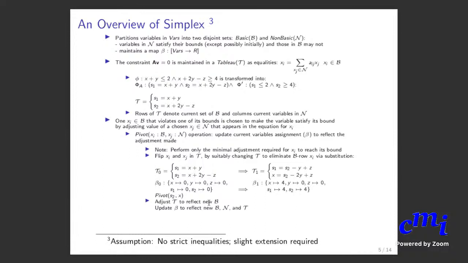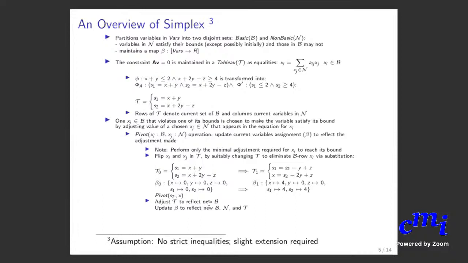And then once that is done, it pivots those two variables. The basic variable that is fixed moves into non-basic, and the non-basic one becomes basic. That operation is called pivot and update.